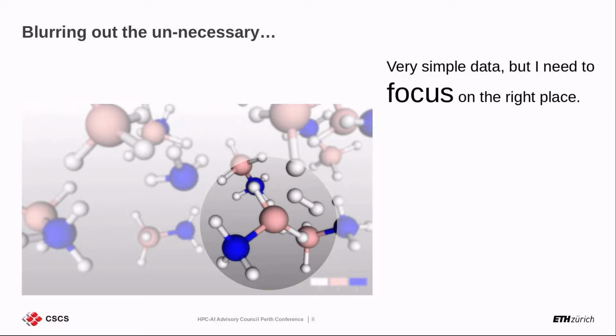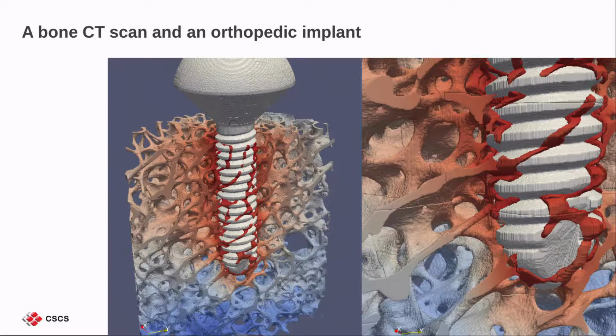Another example I used from molecular science here, where I'm looking at a particular instant in this chemical reaction where one particular molecule is of interest, so I blur out all the rest. I don't want the scientist to be distracted by the surroundings. I want to focus on just one particular thing.